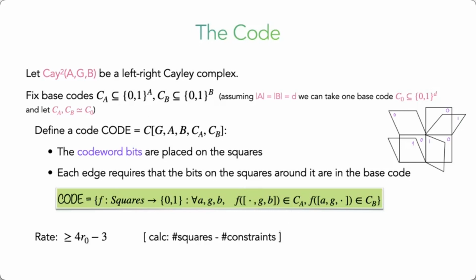And that's it. Okay. So now I'll tell you a few properties of the code. First, I want to say rate and distance. This is exactly like in the case of Sipser-Spielman. How do I show that the rate is positive? Well, it's not necessarily positive, only if the rates of the local codes CA and CB were sufficiently large.